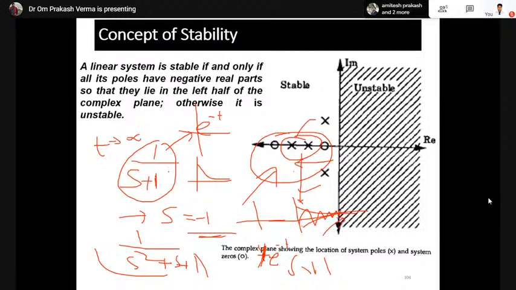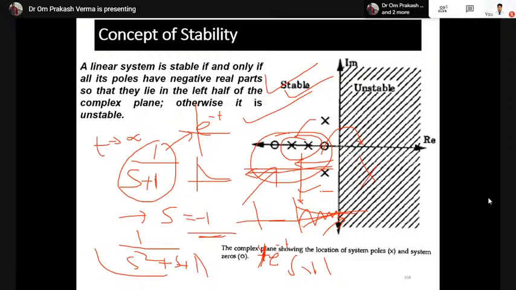So find that type of poles and plot them, and it is found that all the poles are lying in the left hand side. So we have generalized the result: if the poles are lying in the left hand side, then the system is stable, and if any one of the poles goes towards the right, the system becomes unstable.